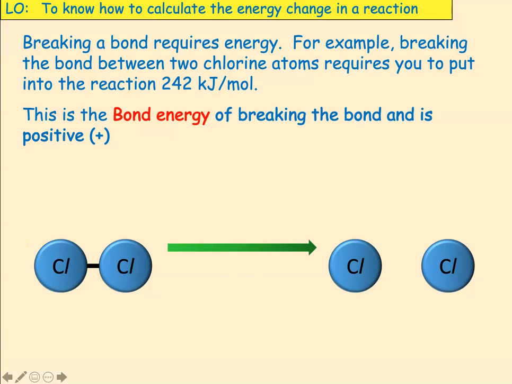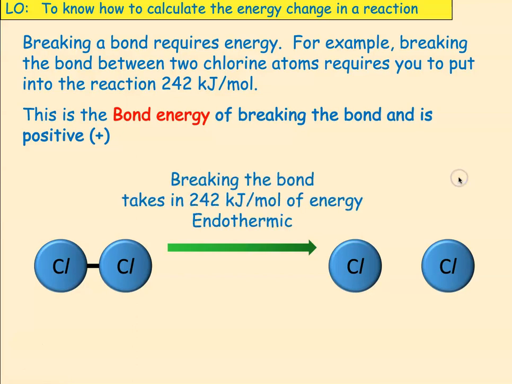So we have to put in 242 kilojoules if we have that number, that mole. That's what we call the bond energy of breaking the bond. And it's positive because it's endothermic. Okay, so in order to break it up from a molecule to 2 atoms, we have to put 242 kilojoules in for every mole.